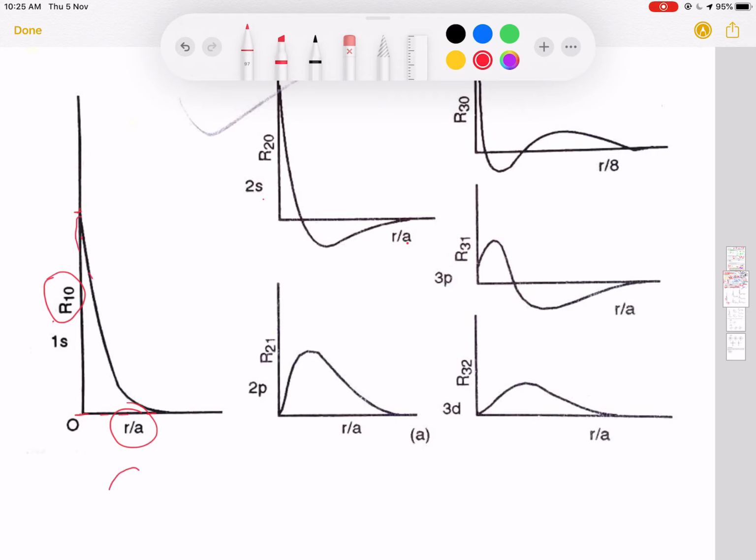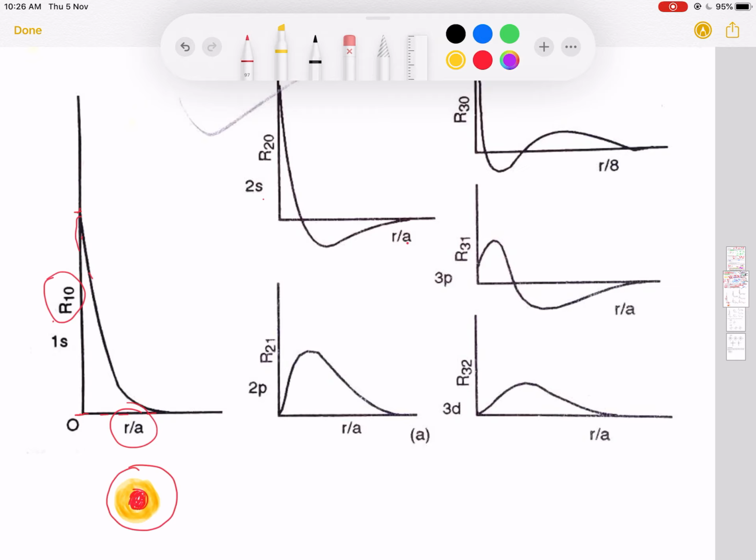Say this is the s orbital and this is the nucleus. One electron is present and one proton is present inside the nucleus. The proton present in the nucleus will pull the electron towards itself. So the probability of finding the electron will be higher nearer the nucleus, because there is a force of attraction.